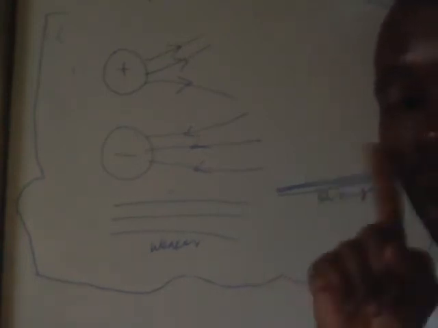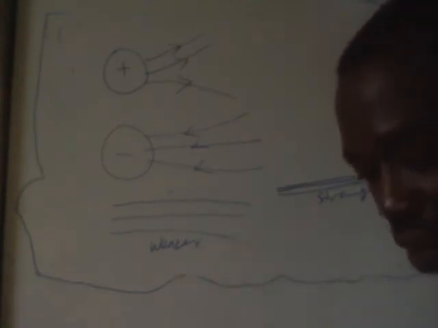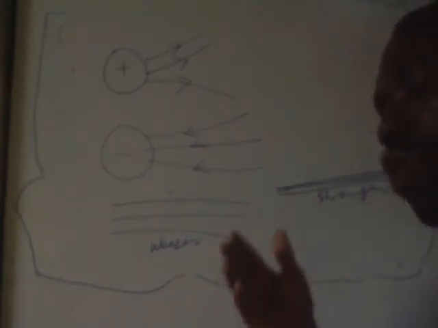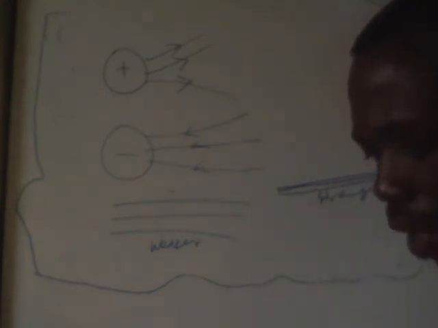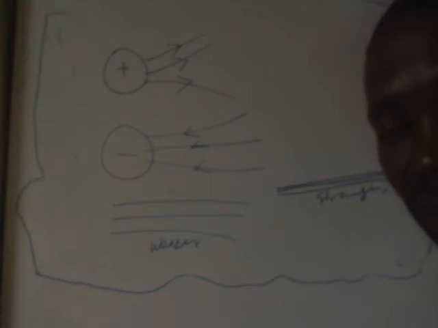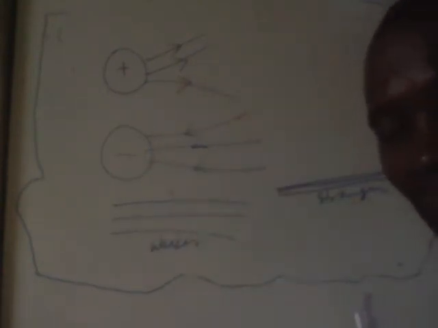Now option D, lines are straight and parallel in a uniform field. For a uniform field, the lines are straight and also parallel. For example, the field of the earth: they are straight lines, equally spaced and parallel.